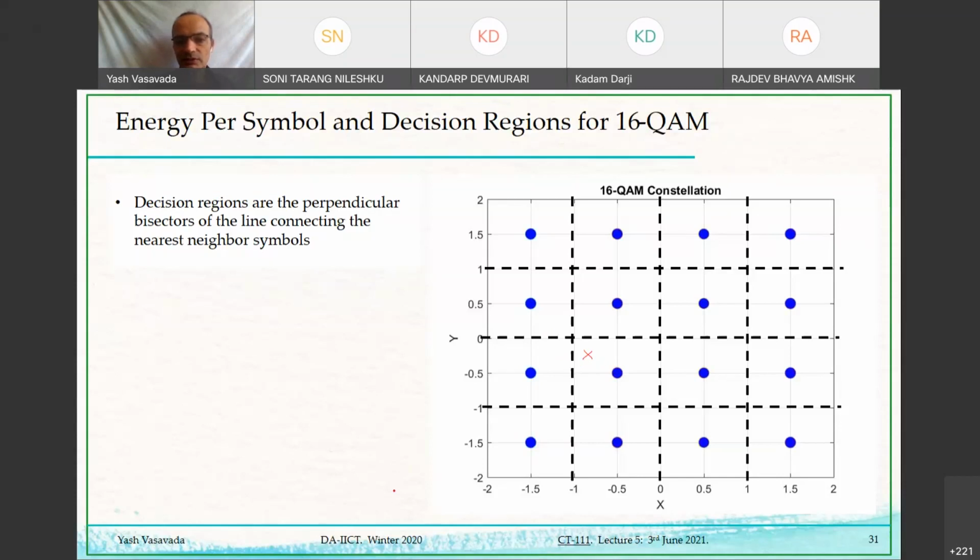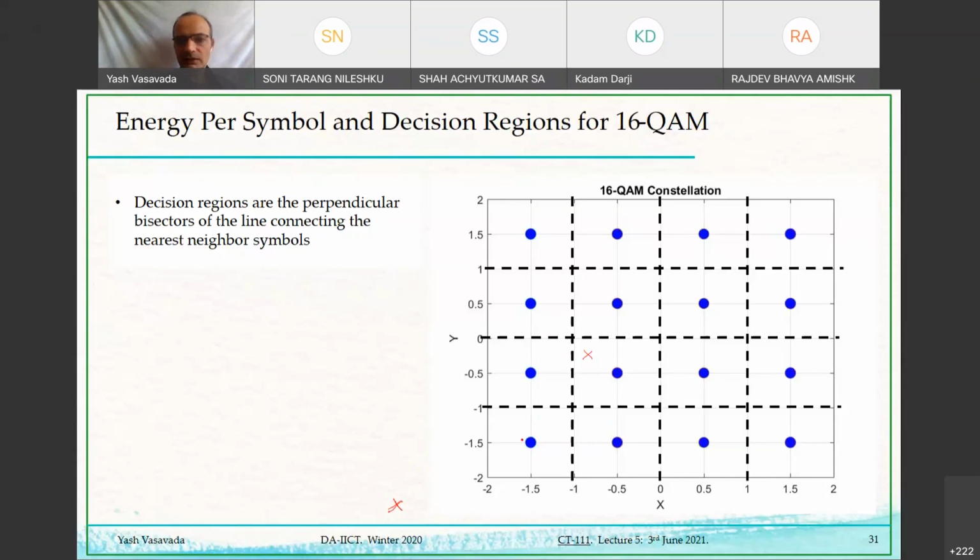On the other hand, suppose your received point falls somewhere over here, then which one will you demodulate? The bottom leftmost.